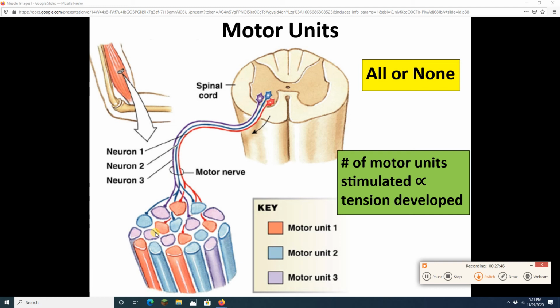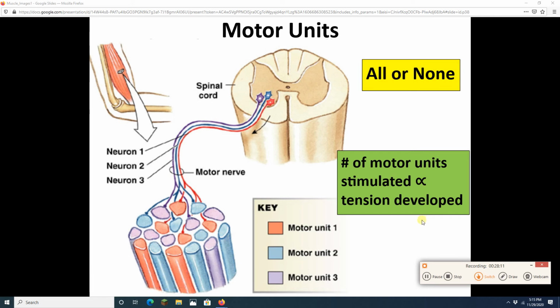If I do all three, well, then I'm going to have even more tension. So even though a muscle cell's contraction is an all or none thing, I can vary the number of motor units I stimulate, and therefore I vary the amount of tension I develop. Motor units is proportional to tension. That's a proportional sign right there.